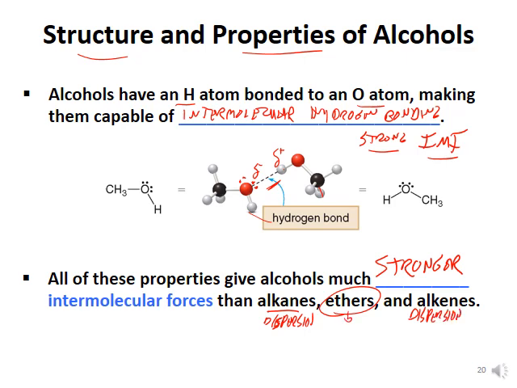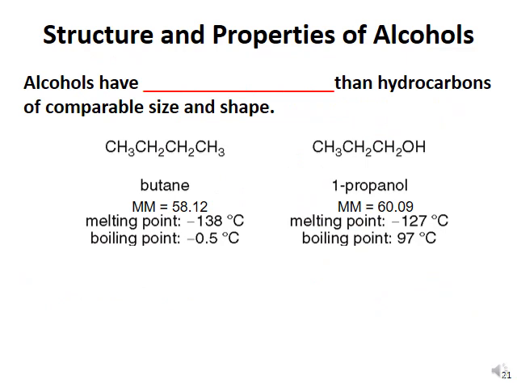And ethers, as we'll find out, have no H bonding. So alcohols, very strong IMFs. And what does that lead to? They have higher boiling and melting points.